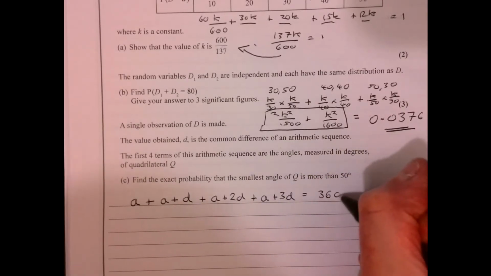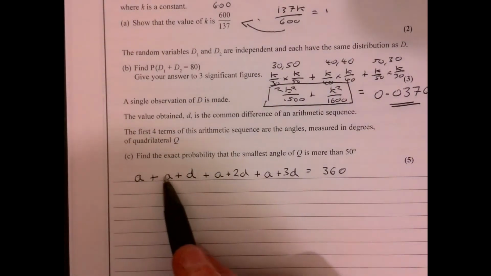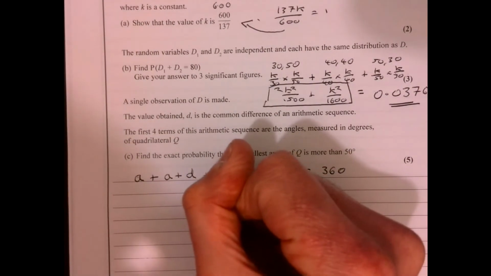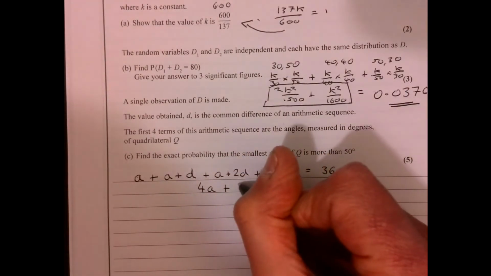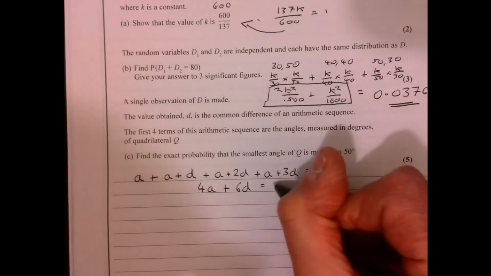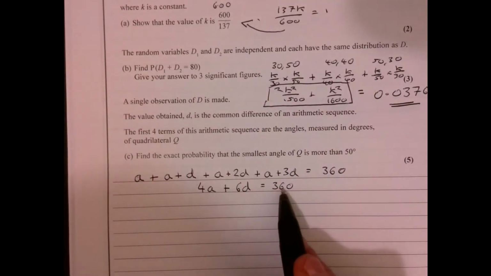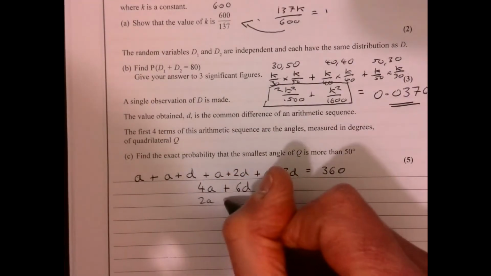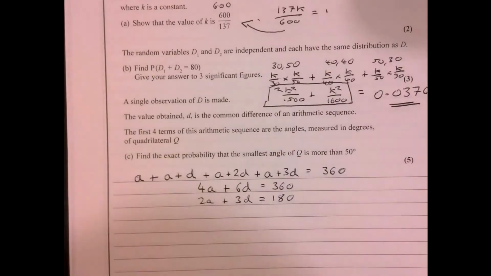And we know we want that lot to be 360 degrees. So what have we got here? We've got 4A plus 6D, and I want that to be 360. Let's just halve everything: 2A plus 3D equals 180.